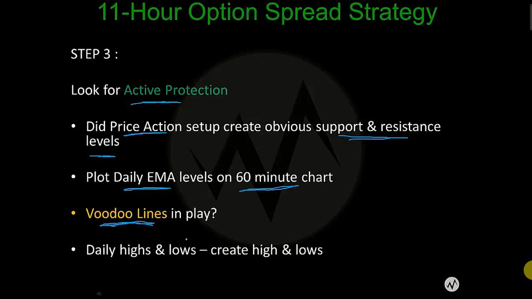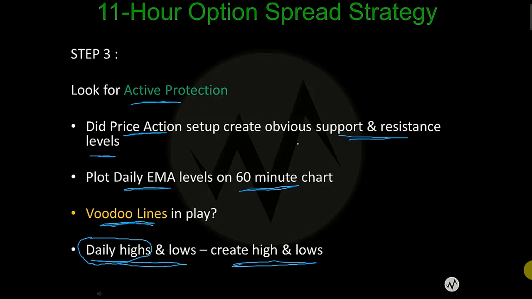We use them as support and resistance levels. And then, is there a daily high or daily low that we can use? Now, here's one tip. If you're looking for the daily high on a 60-minute chart, chances are it's going to be caught already when we're looking at other support and resistance levels.